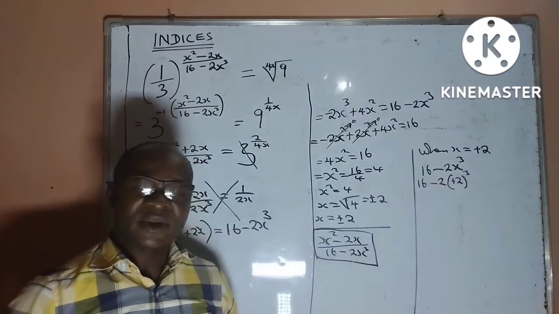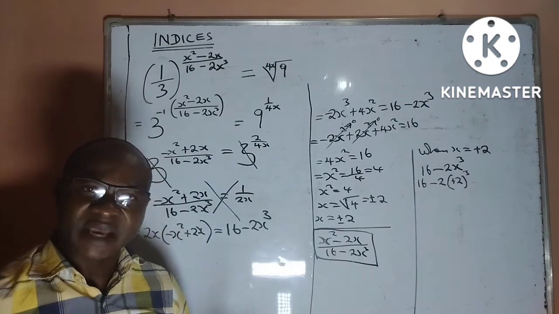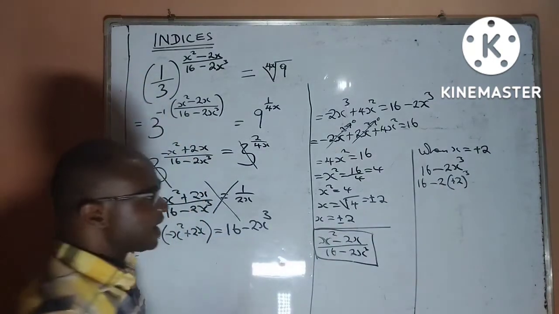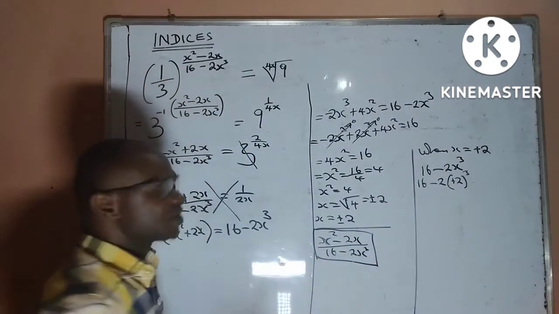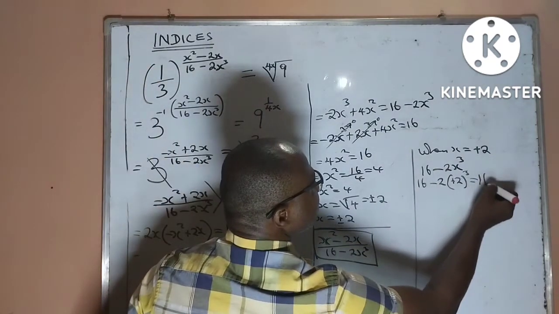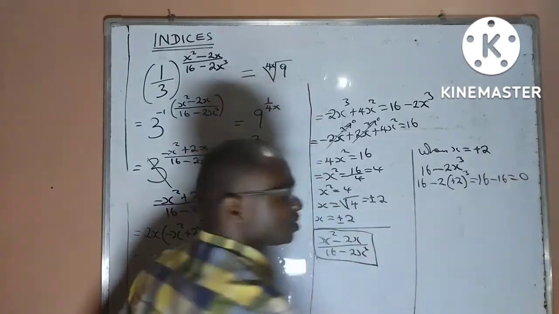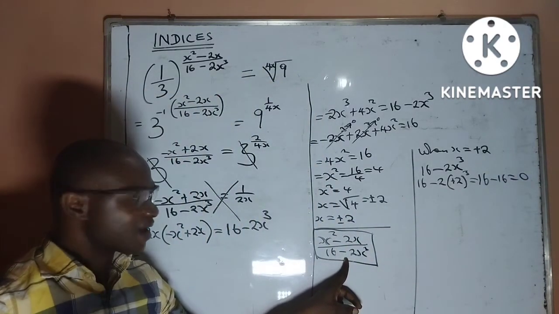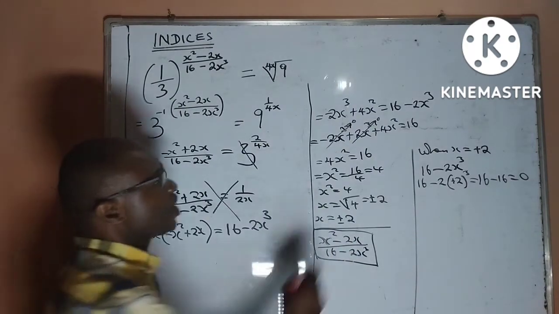Positive 2 raised to the power 3 will give me 8. That is 2 times 2 times 2. And 8 times minus 2 will give me minus 16. That will leave me with 16 minus 16 equal to 0. That will be undefined. Therefore, I need to try negative 2.